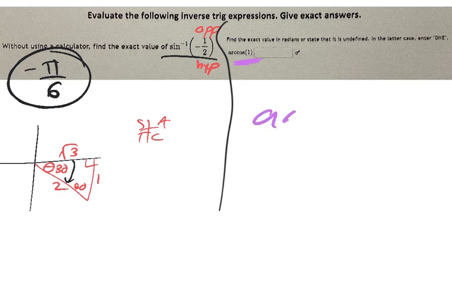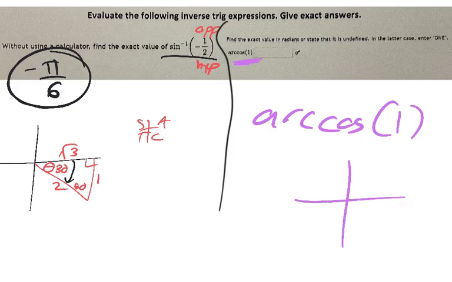Okay, it's okay. So from here, if I go to the arc cosine of 1, this is the same thing as the inverse cosine, they're just using arc cosine. First thing I need to figure out, where is arc cosine defined? It's in the first and the second quadrants. It can't be first and fourth because it would always be positive.